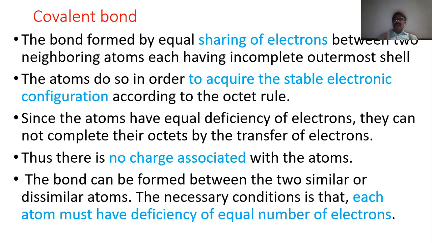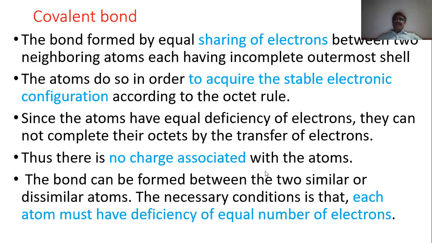In that case, the only situation is that both atoms must share an electron, and the shared pair will complete the octet of both atoms, and in this way the bond is formed. Since both atoms have equal deficiency of electrons, there is no transfer of electrons in the case of covalent crystals.